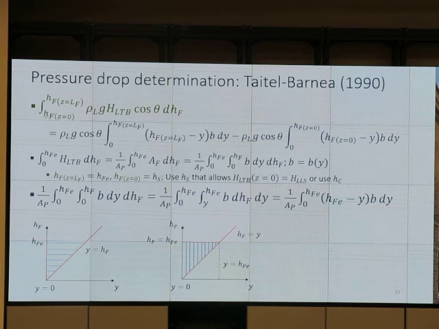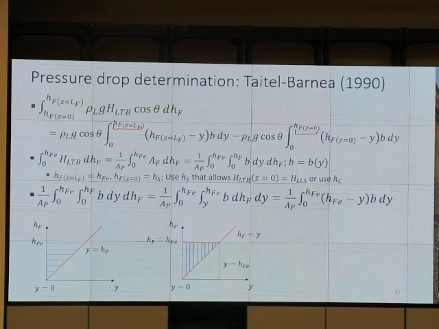This is from h_F at z equal to 0 to h_F at z equal to L_F. I can split it into h_F 0 to L_F and 0 to z equal to 0. So I integrate from 0 to h_F minus from 0 to h_F at z equal to 0. Let's just split it.